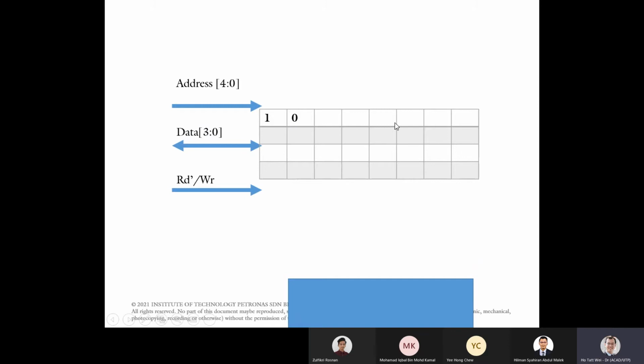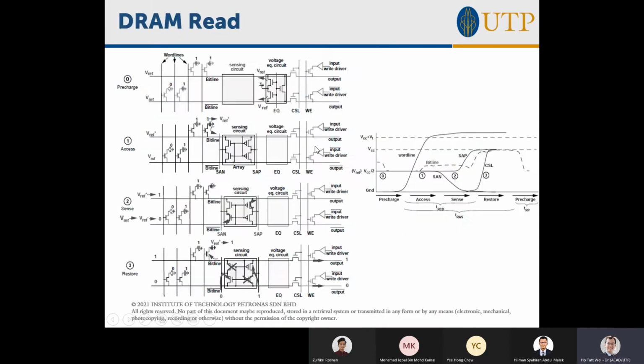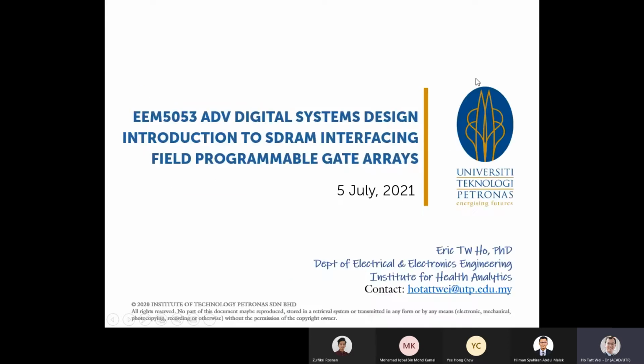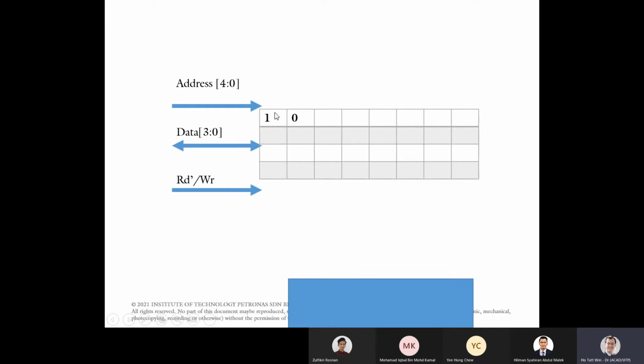That whole row is this one, 1, 2, 3, 4, because the row itself will select all of them, then I will need to choose which bit is coming out. So this whole row, this capacitor and transistor, this capacitor and transistor, this capacitor and transistor, this capacitor and transistor, will represent this.